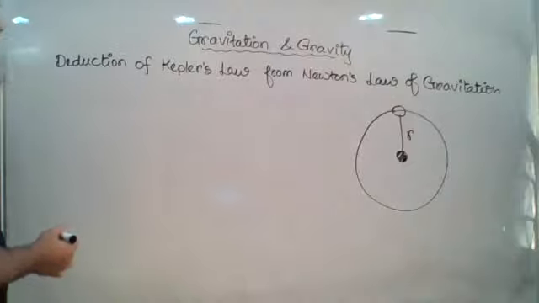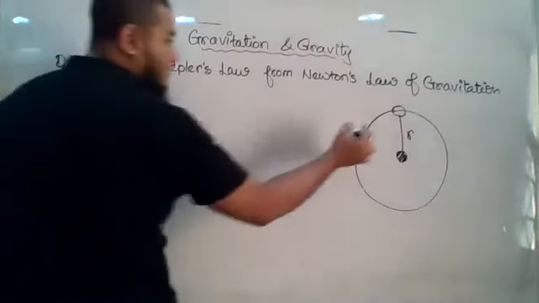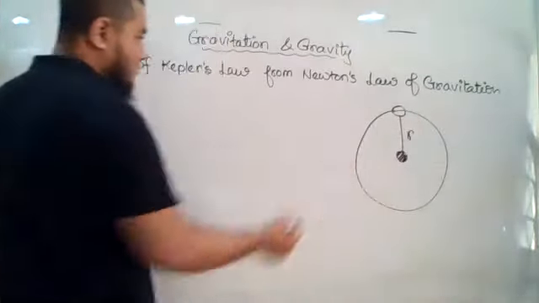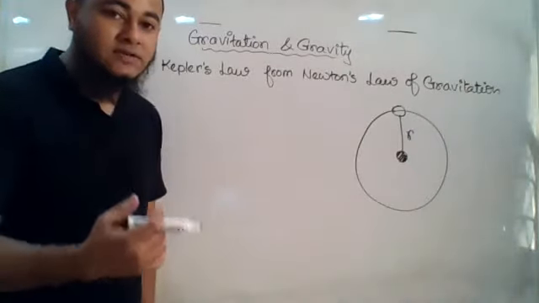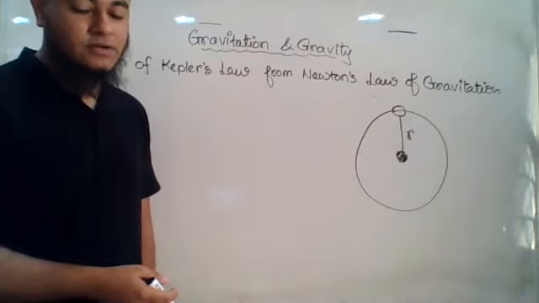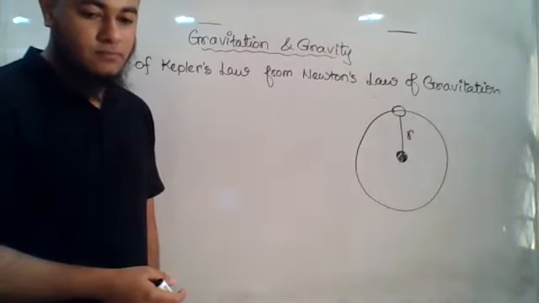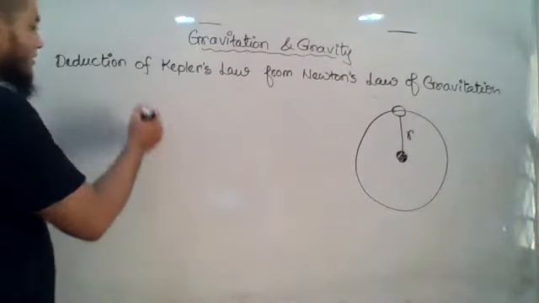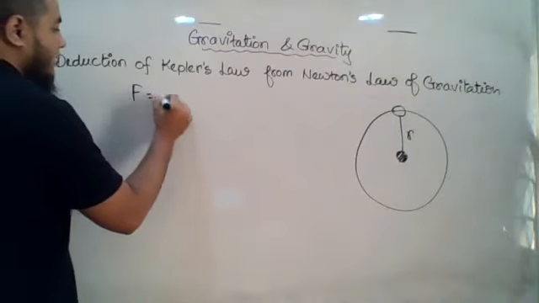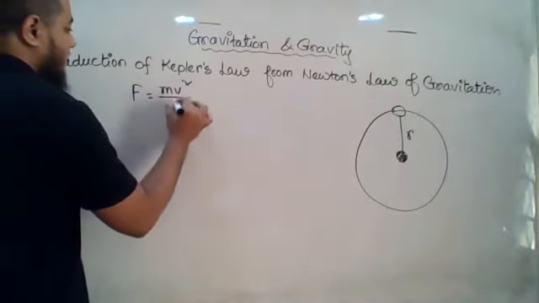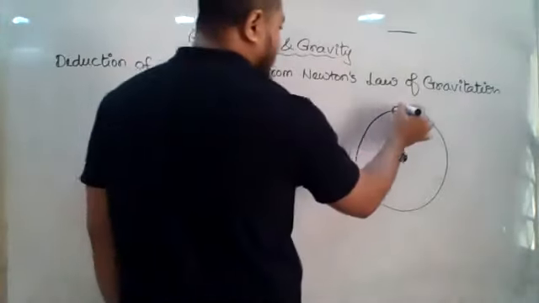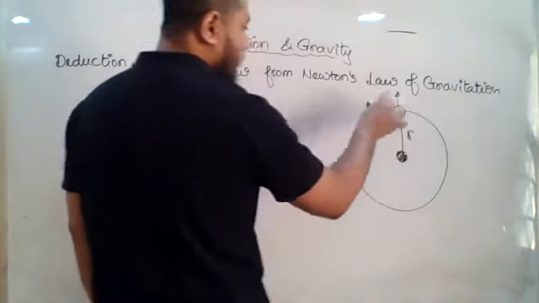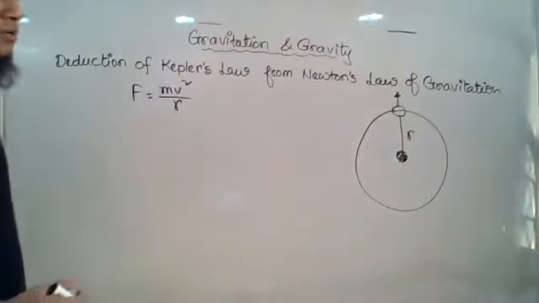Now we know that whenever a body is in circular motion, a centrifugal force is generated, and that force we can find through the expression mv square by r. This centrifugal force will try to throw the planet out of its orbit, right?